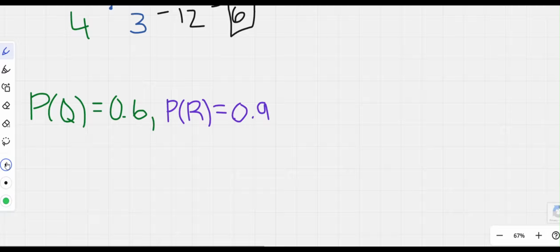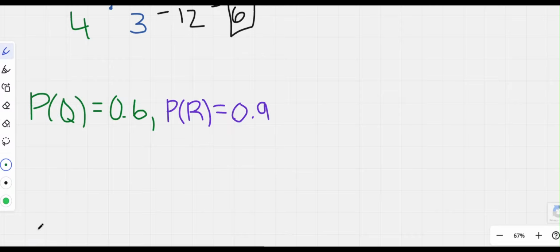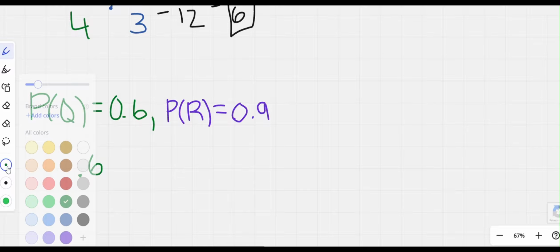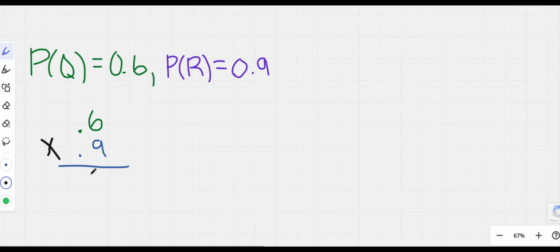The next one is P of Q equals 0.6 and P of R equals 0.9. So we're going to multiply 0.6 times 0.9. And 9 times 6 is 54. We're multiplying this, so 54.